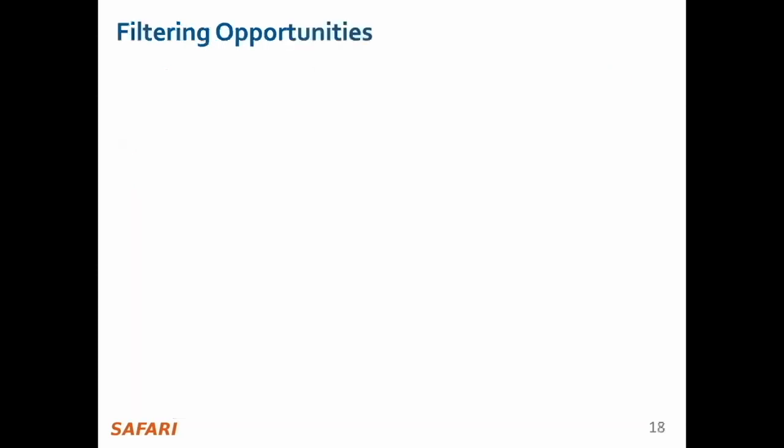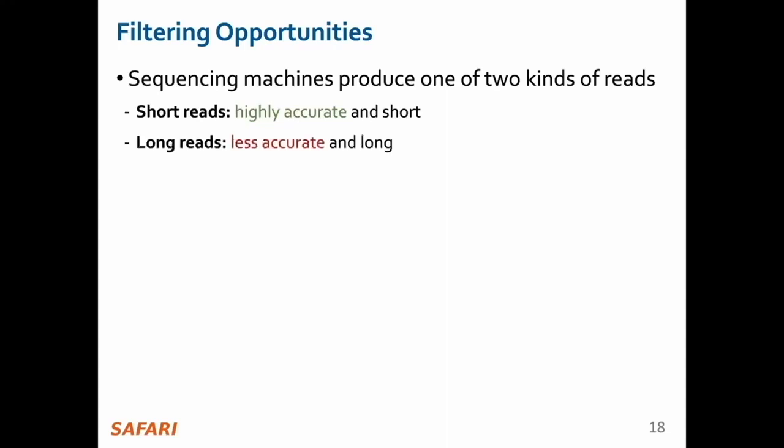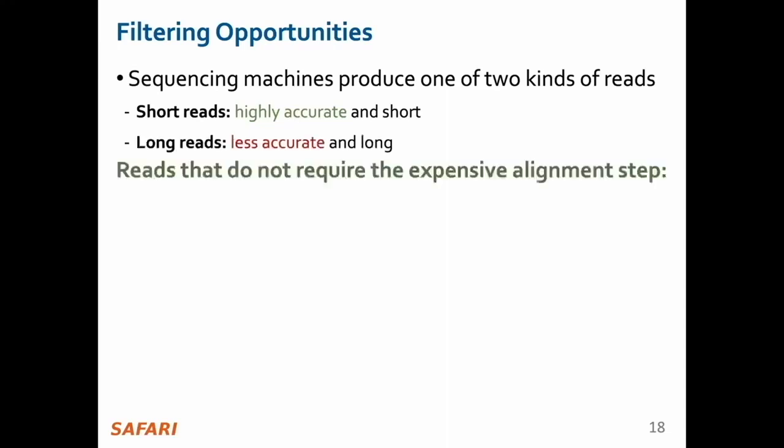So now let's take a look at filtering opportunities based on various input data sets with different properties. Sequencing machines produce one of two kinds of reads. First are short reads that are highly accurate but short, and second are long reads that are less accurate but long.